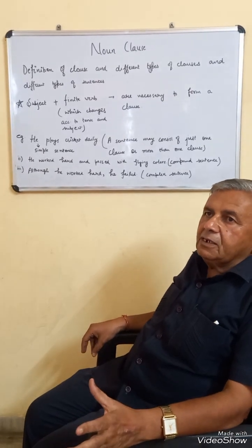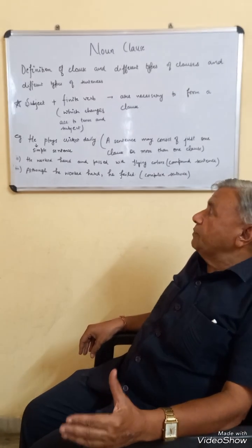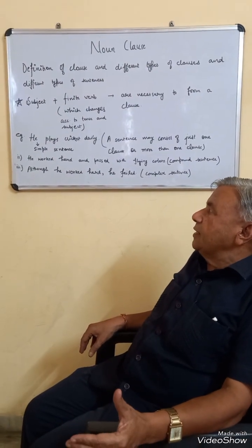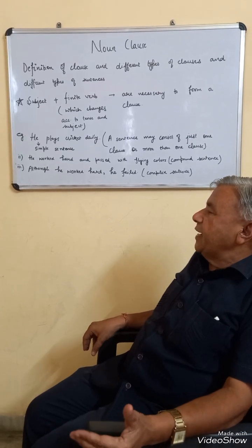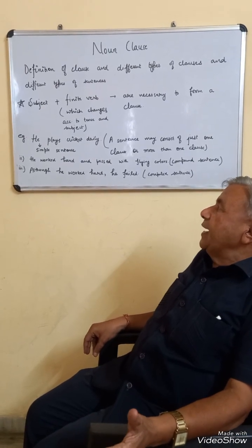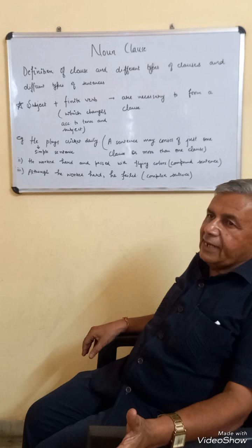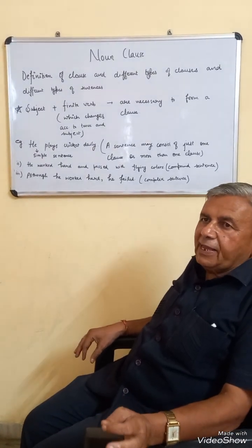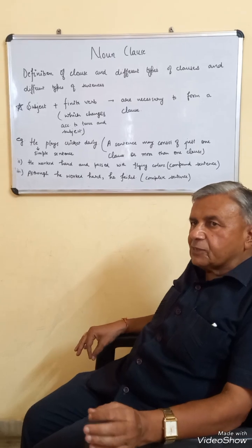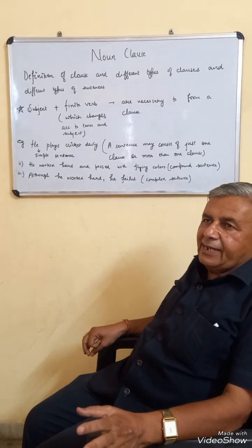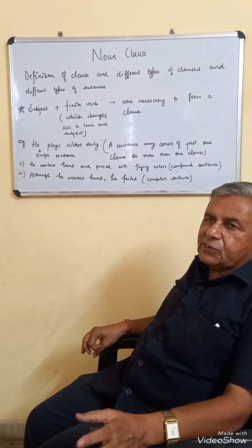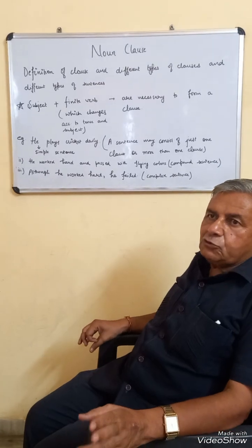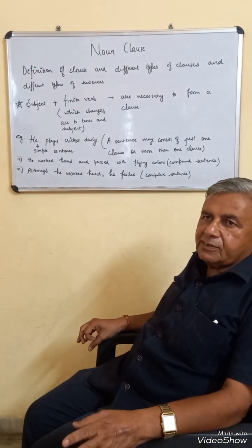As we say, he plays cricket daily. Here he is a subject, plays is a verb, cricket is an object and daily is an adverb. So the main constituents to form a clause are subject plus verb. We cannot say anything is a clause till it has at least these two essential components.